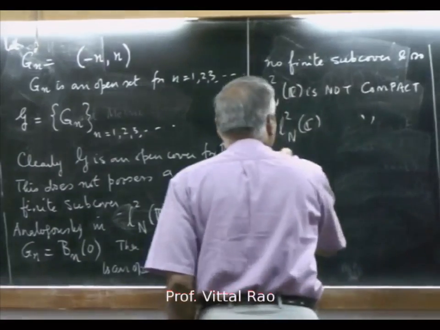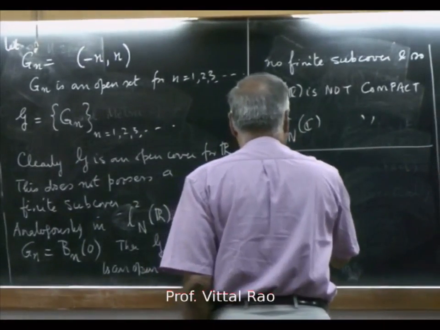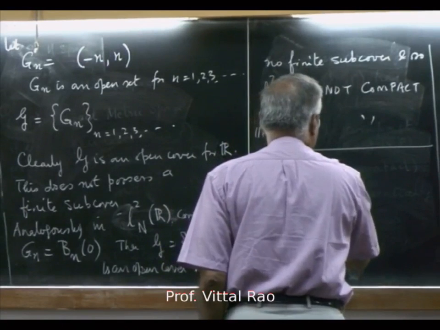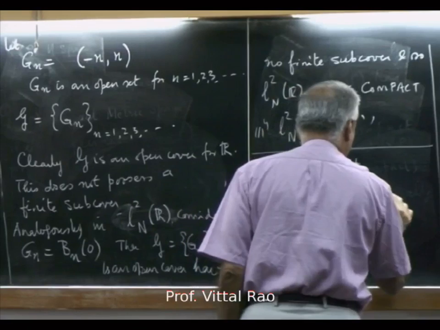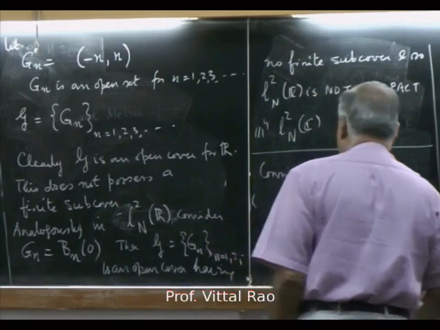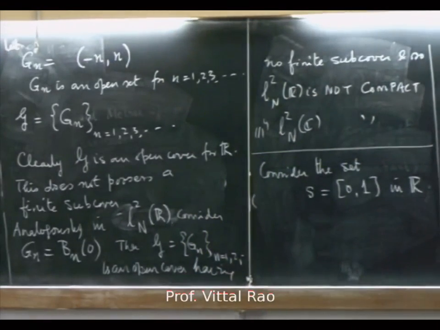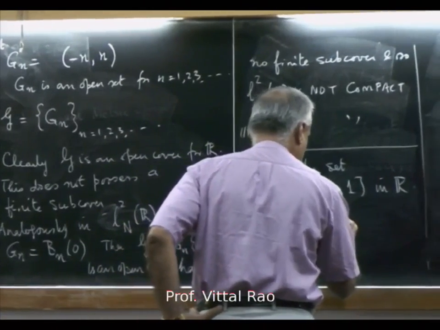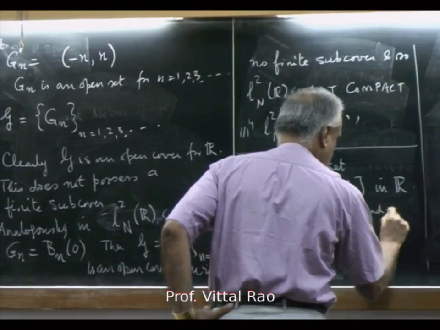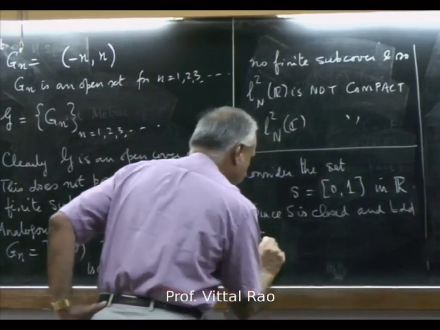So now consider the set S, the closed interval 0, 1 in R. Now it is closed and it is bounded, so compact, because we have seen that any closed and bounded set in R is compact. Since S is closed and bounded, S must be compact.